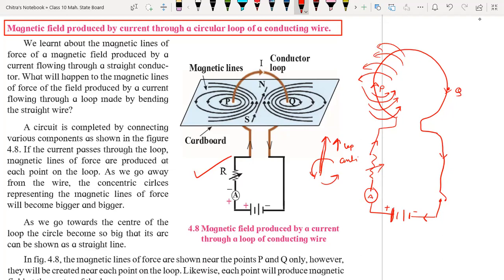Now just think opposite. When current is flowing in downward direction, then the direction of magnetic field will be clockwise. So for point Q, the direction of magnetic field will be in clockwise direction like this.